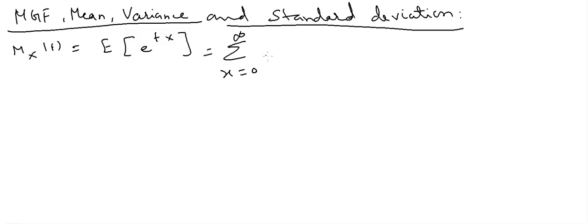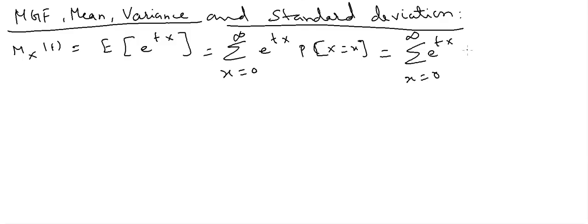Summation over x equal to 0 to infinity of e power tx into P of X equal to x, that is equal to summation x equal to 0 to infinity of e power tx q power x into p. So x failures, after that the very first success we get at the x plus 1 th trial.